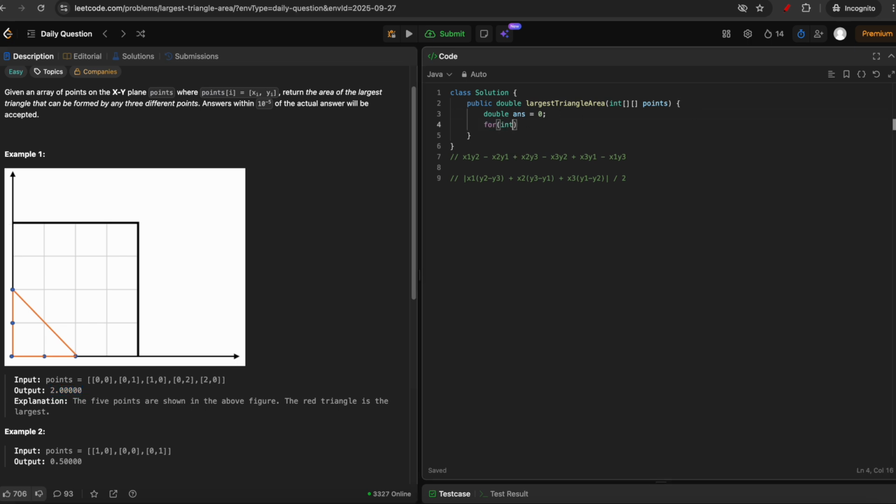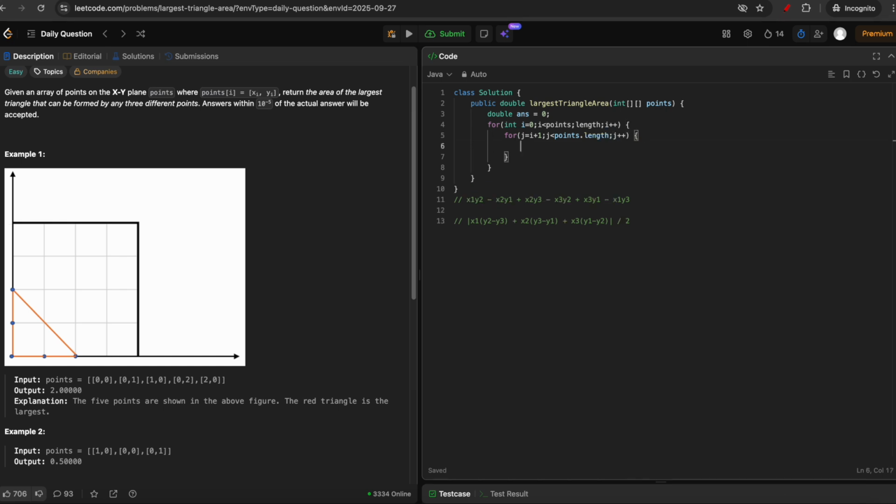Now let's iterate on all the points: i less than points.length, i plus plus, and then j starts from i plus 1 to avoid duplications, and j less than points.length, j plus plus. Now again for the third point, k starts from j plus 1, k less than points.length, k plus plus.